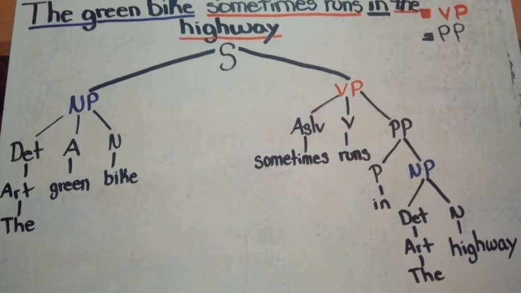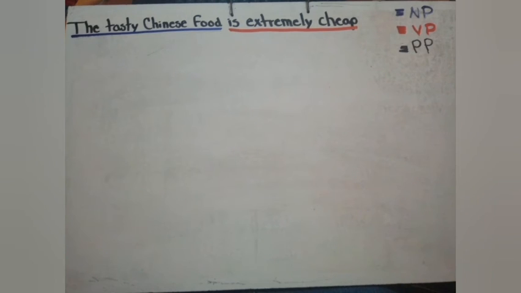In this case we have a preposition that is in, and on the right side we have another branch that is noun phrase, and in this case we have another determiner, an article, the, and finally we have another noun that is highway. Easy.